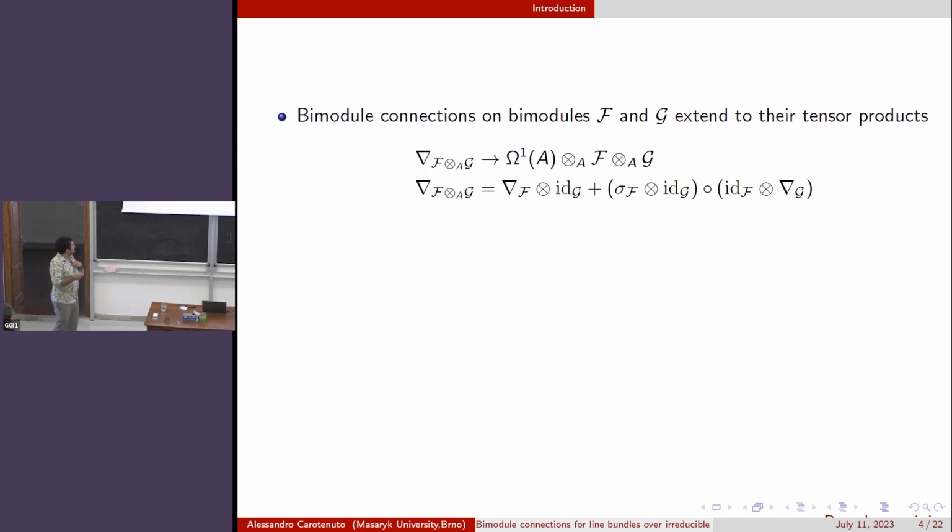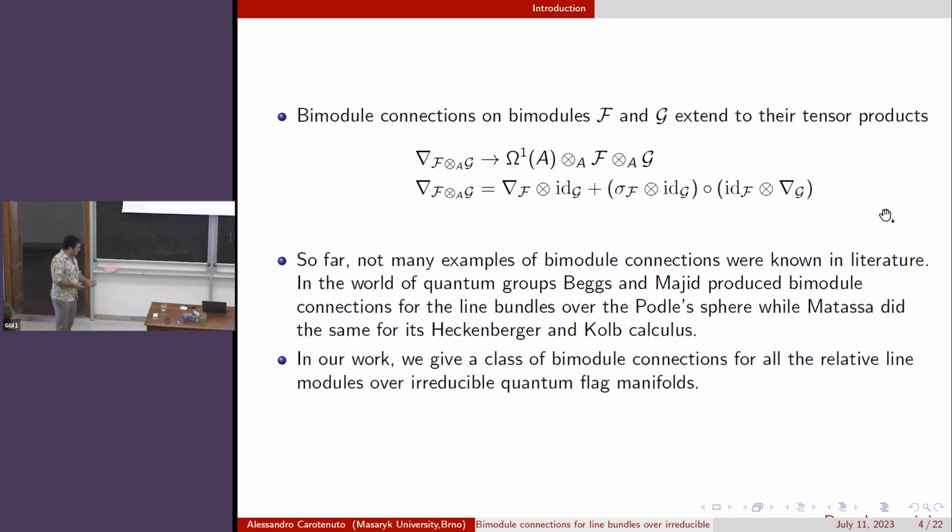So we are interested in finding bimodule connections whenever we want to deal with, let's say, monoidal structures of our representations. But so far, there were not many examples of bimodule connections known in the literature. In the world of quantum groups, Beggs and Majid already produced bimodule connections for line bundles over the Podleś sphere, while Marco Matassa did it for the Heckenberger-Kolb calculus over the Podleś sphere.